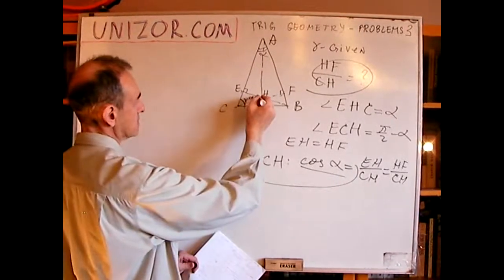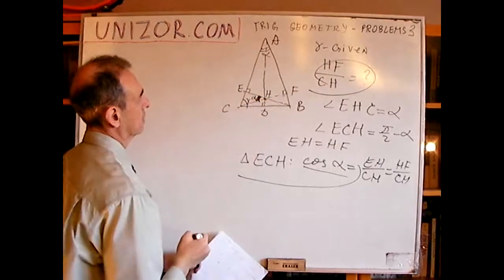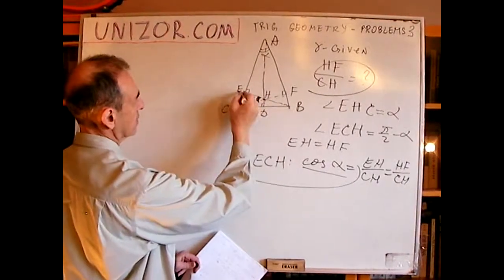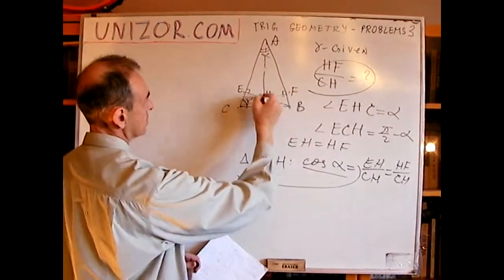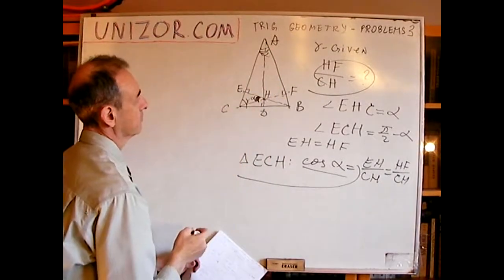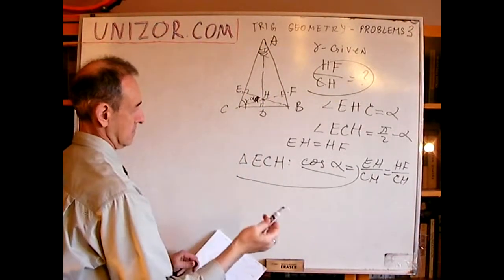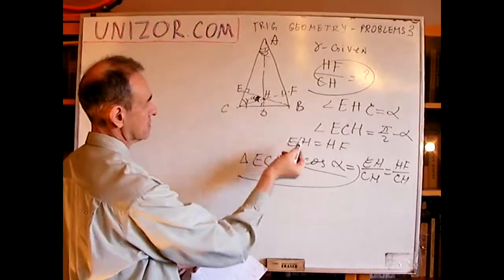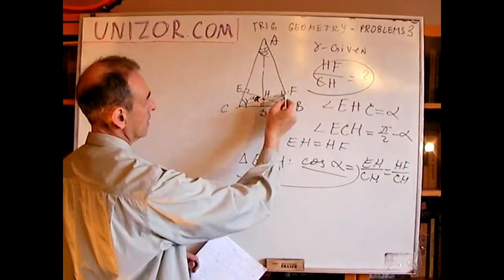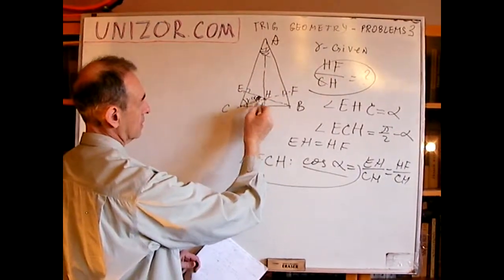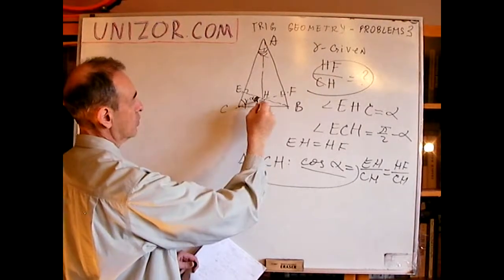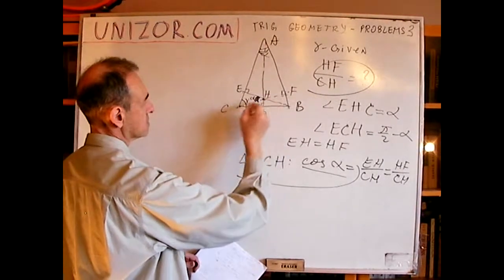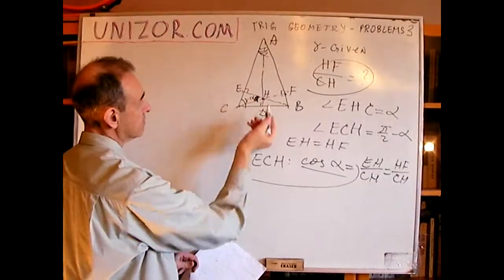The fact that this angle is perpendicular to this and this, so this angle is equal to this one, is sufficient to basically say that the ratio between the segments into which point H divides this altitude is the same as the cosine of alpha.